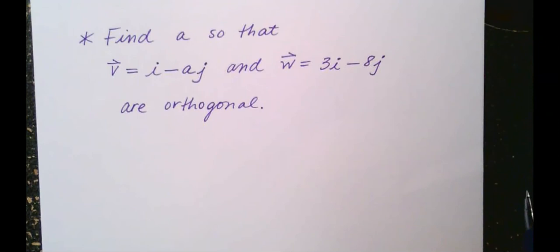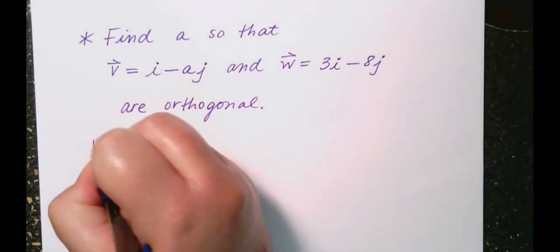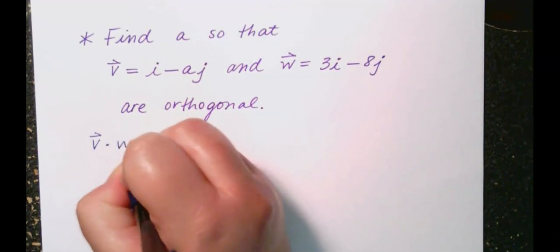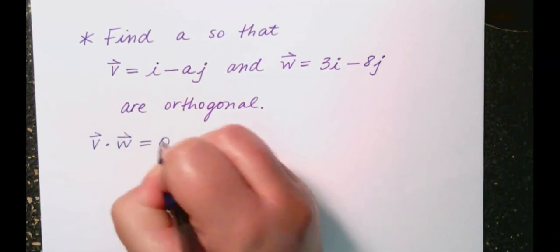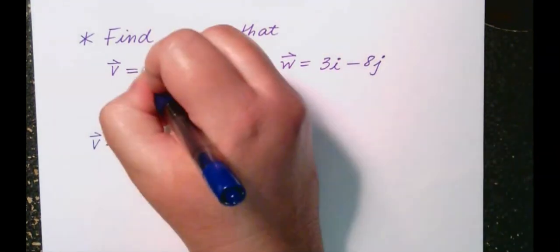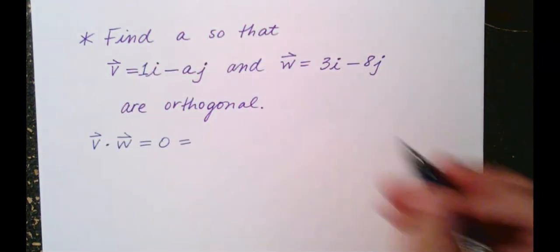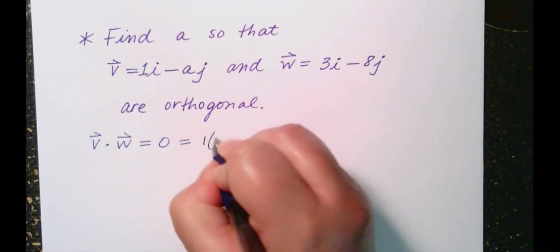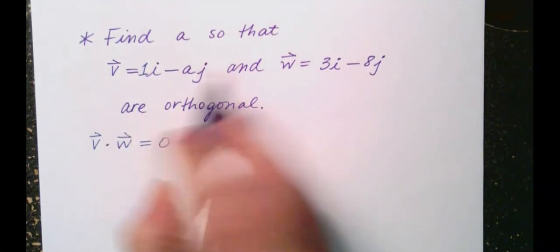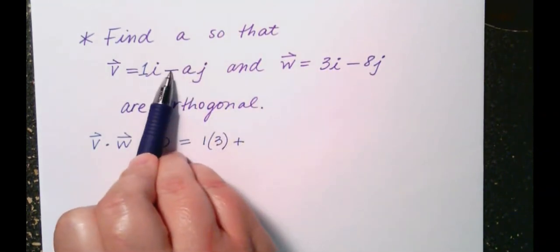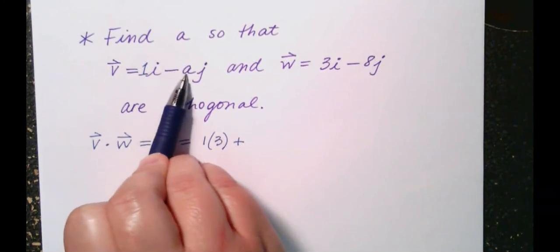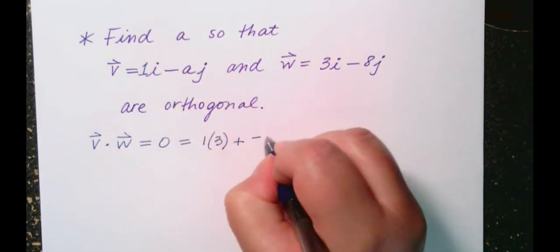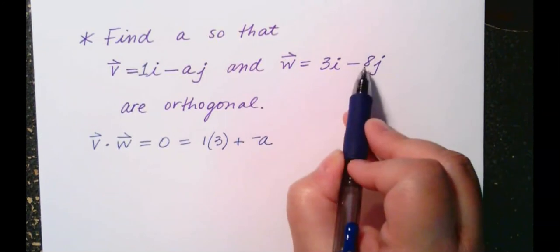Okay, so to make them orthogonal, remember the whole key is that our dot product has to be 0. So I kind of have to define my dot product here. My dot product, I'm going to go ahead and put a 1 here. 1 times 3 plus, and I'm going to go ahead and make sure I take this minus as a negative with my A, negative A times negative 8.